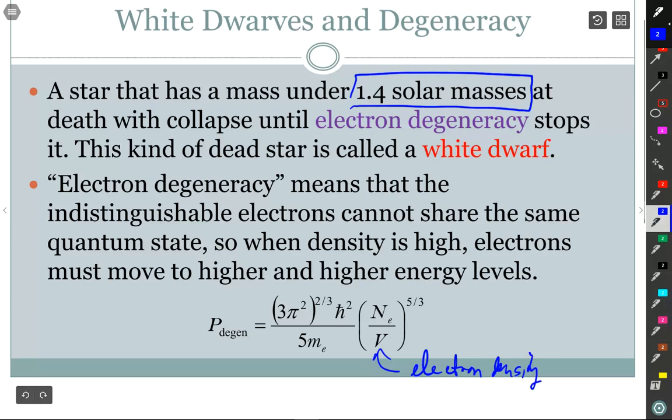The degenerate pressure, the pressure in your electron gas, as we call it, is proportional to the electron density raised to the 5/3 power. As you put more mass on, you're going to increase the pressure, and that changes the electron density, and it'll slowly increase as you put more mass on.